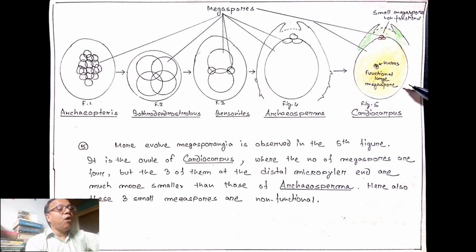But 3 of them at the distal micropylar end are much smaller than those of Archaeosperma. Please compare figure number 4 and figure number 5. The number of megaspores is the same. But in case of Archaeosperma, the top 3 are much larger than the top 3 of Cardiocarpus. Here also, these 3 small megaspores are non-functional.